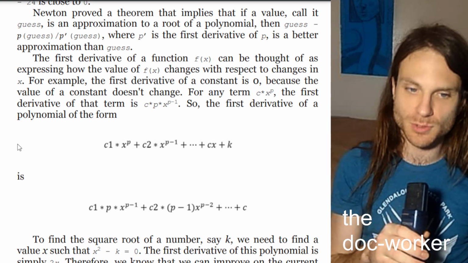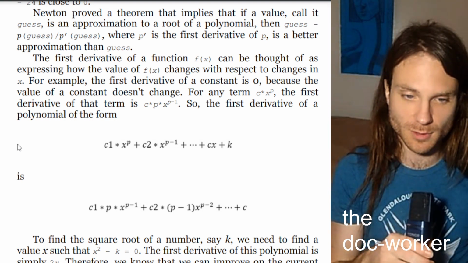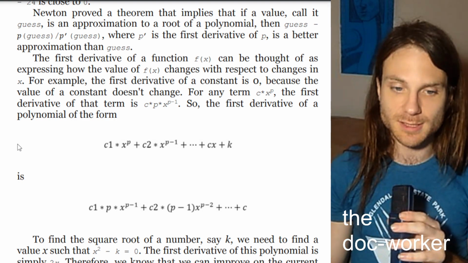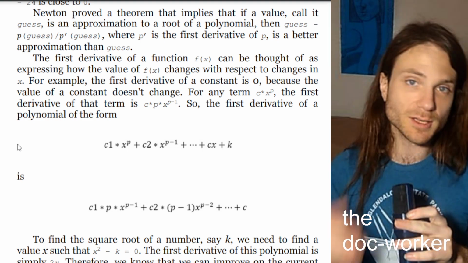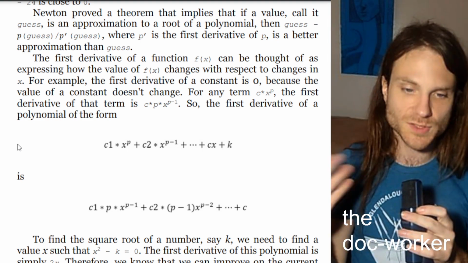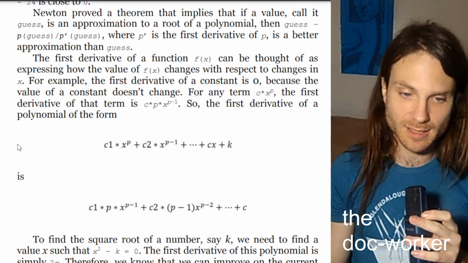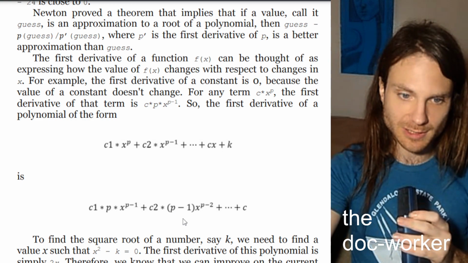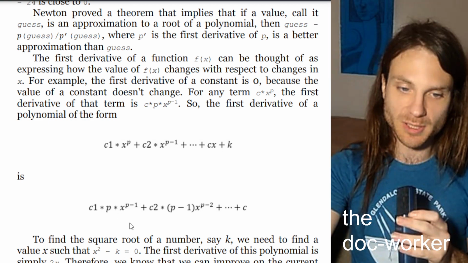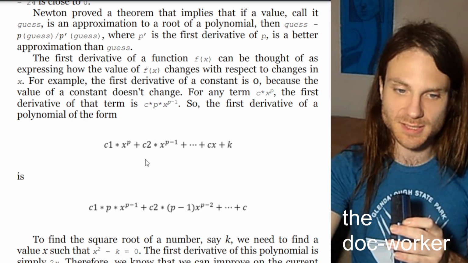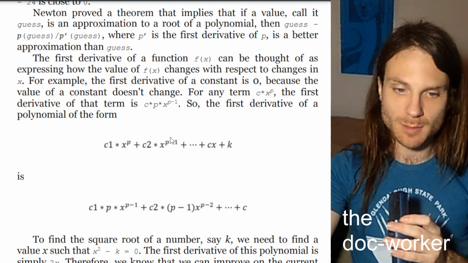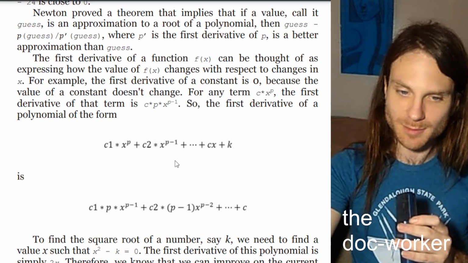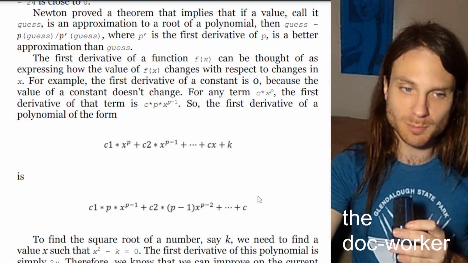So the first derivative of a polynomial of the form c1 times x to the p power plus c2 times x to the p minus 1 power plus so on and so forth plus cx plus k is c1 times p times x to the p minus 1 power plus c2 times p minus 1 times x to the p minus 2 power plus so on and so forth plus c.